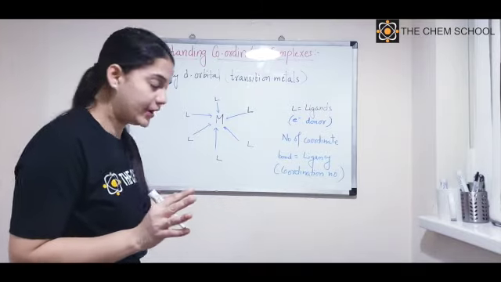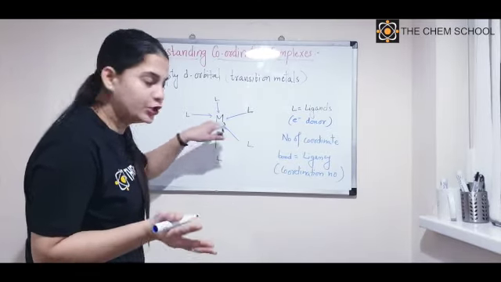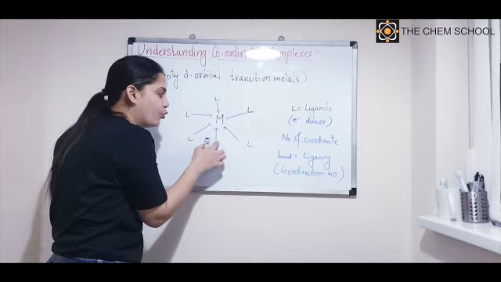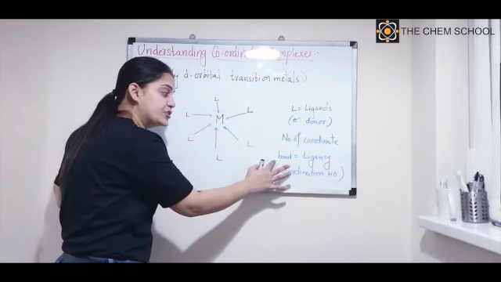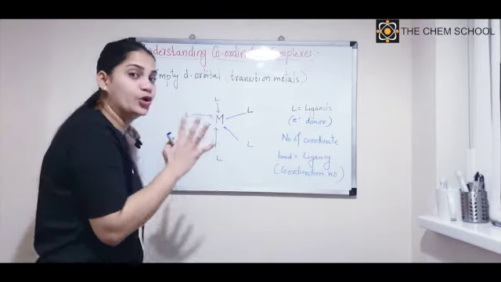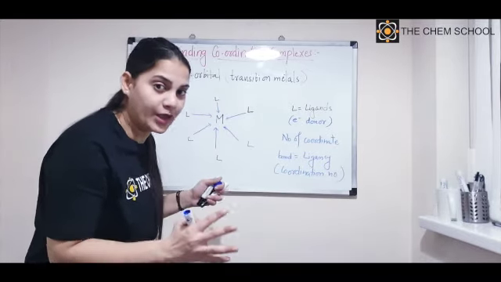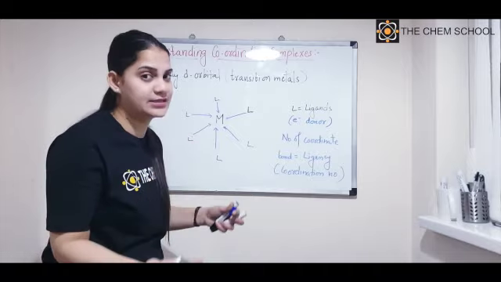Is this clear? Fine. So across this metal, you can see you have 1, 2, 3, 4, 5, 6 coordinate bonds. It means the coordination number of this metal is going to be 6, or the ligancy is going to be 6.